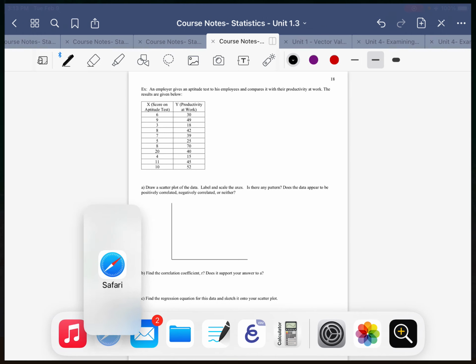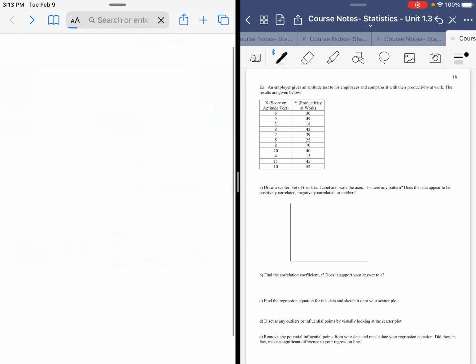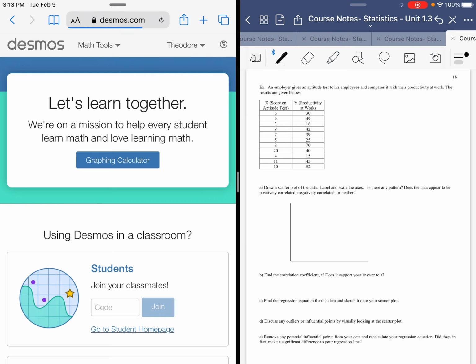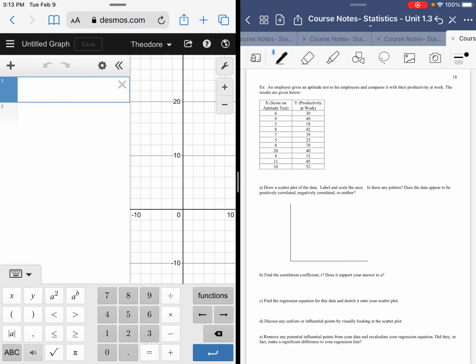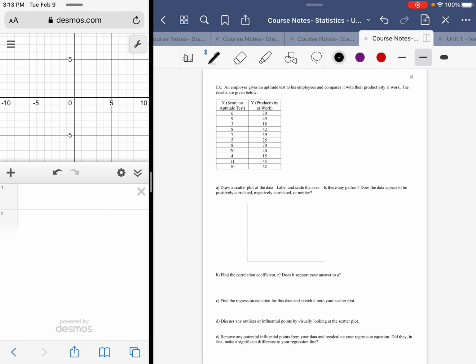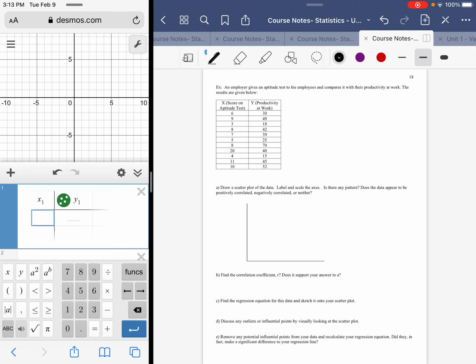So let's get our Desmos calculator into the party here. To type the data in, table. In this case, they gave us X is the score on the aptitude test and Y is the productivity level.